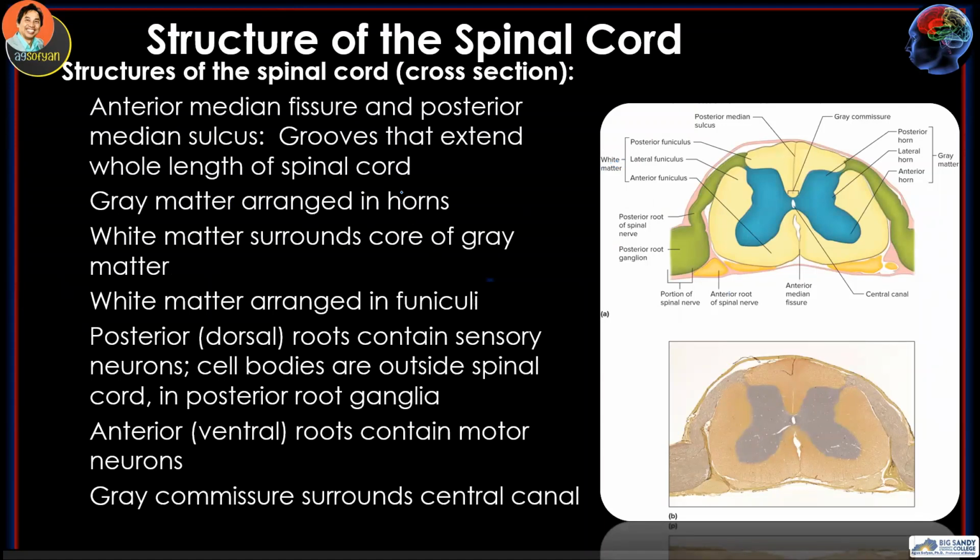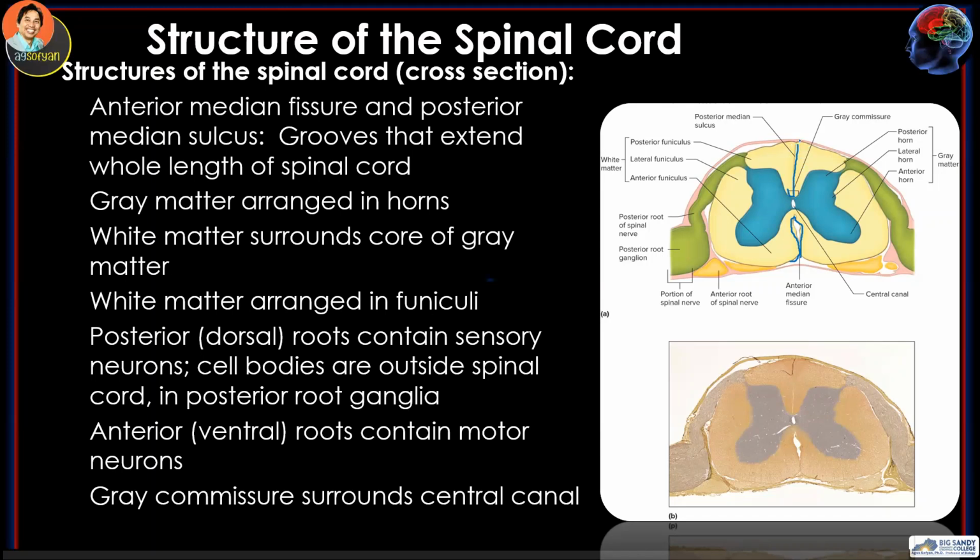Now, if we make a cross section of the spinal cord, mainly you will see some grooves and also a fissure, which is the part that divides the spinal cord into left and right sides.